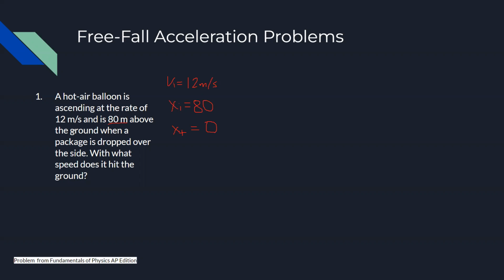And it's basically saying that when a package is dropped over the side, what speed does the package hit the ground? So it's asking us to find v final. And it's also asking us, we need acceleration. So acceleration would just be negative 9.8 meters per second squared.